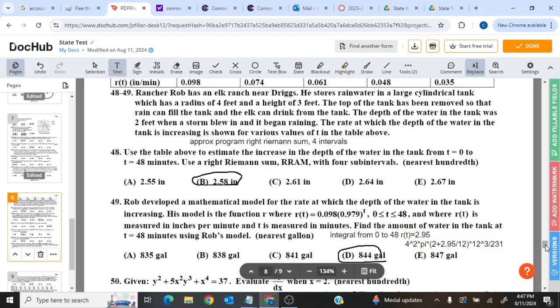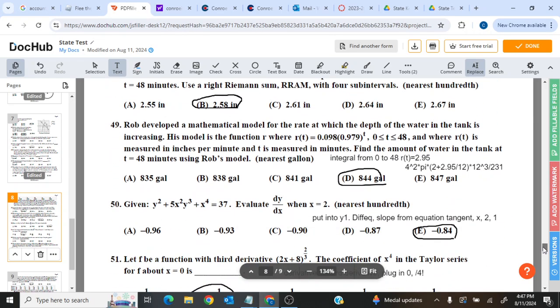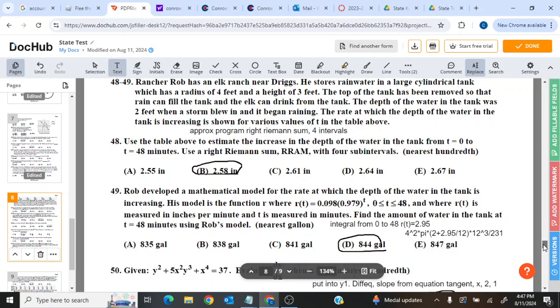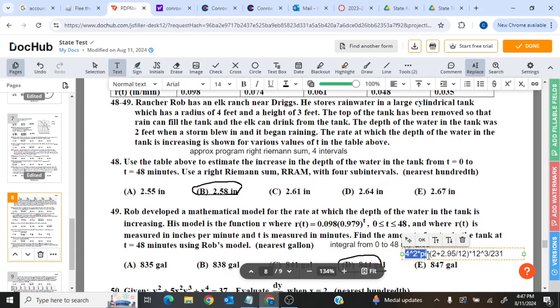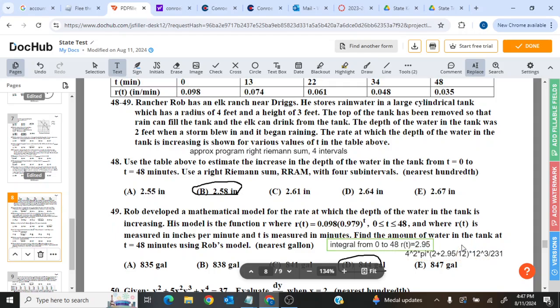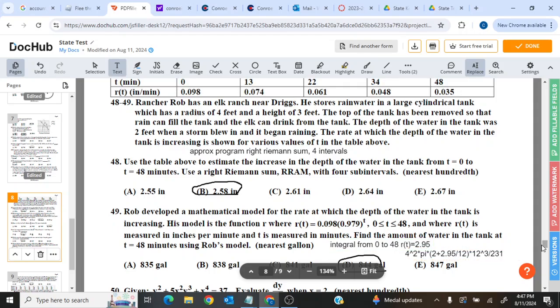So 2.95 inches has been added to the 2 feet of your water depth. Now you can figure out the volume of water in your container: r squared times pi times your height, so 2 feet plus 2.95 inches converted to feet, multiply by 12 cubed to convert to cubic inches, and divide by 231 to convert to gallons, and you get 844 gallons of water.